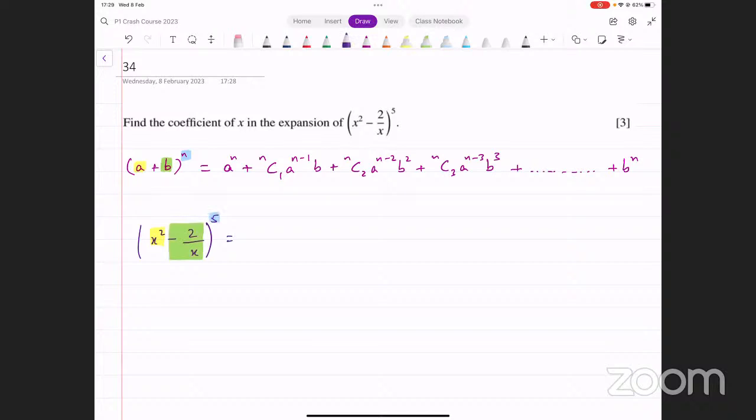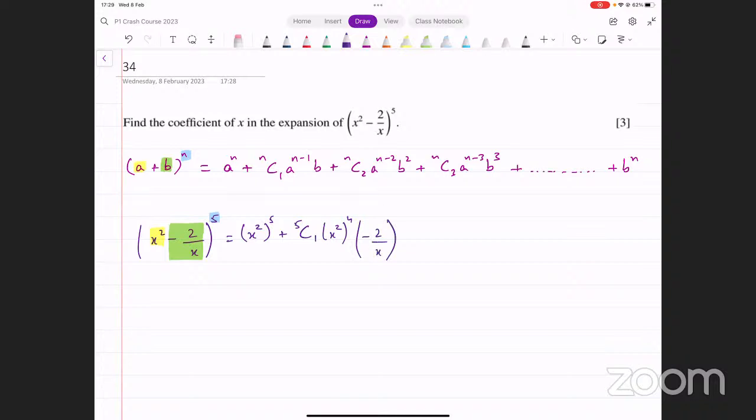Let's input values in this. A raised to power n, that's (x squared) whole raised to power 5. Plus nC1, that means it's 5C1, a raised to power n minus 1, that's (x squared) whole raised to power 5 minus 1, which is 4, into b, which is minus 2 over x.